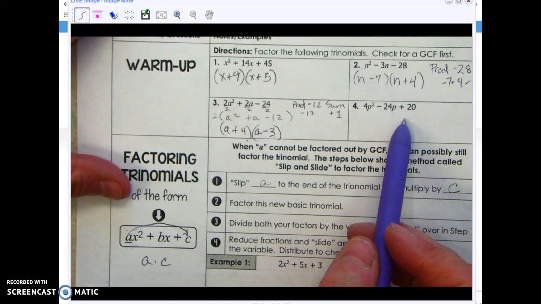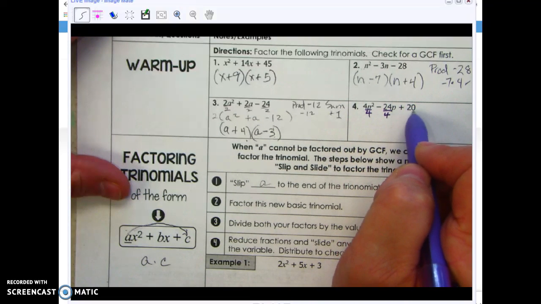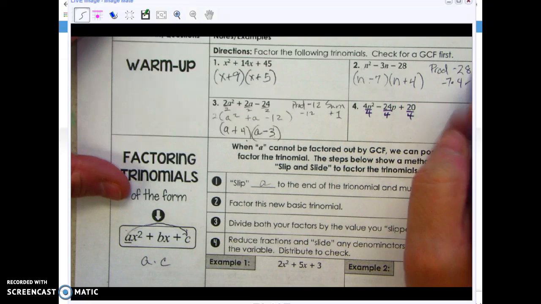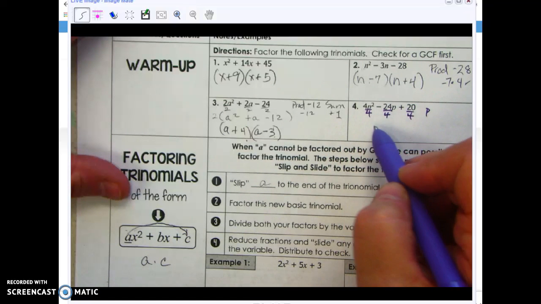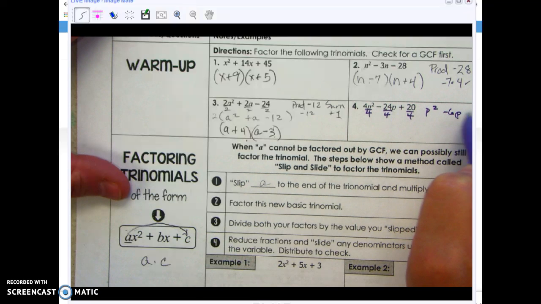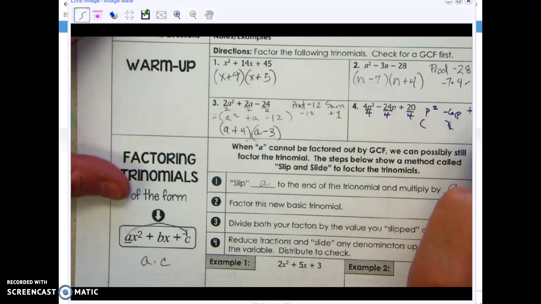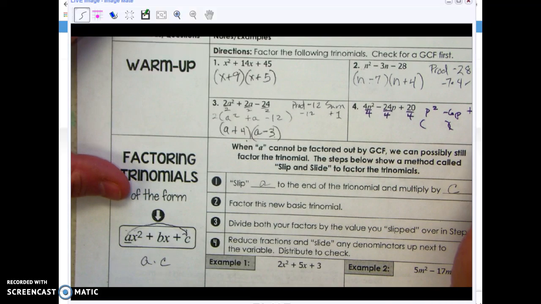Again, we'll look at this last one here. So divide this out. 4 goes into all of those, and that gives me p squared when I do the division. P squared minus 6p plus 5. So then I factor from there, and this is a good warm-up because we're going to do the same thing. That's kind of sloppy factoring there.